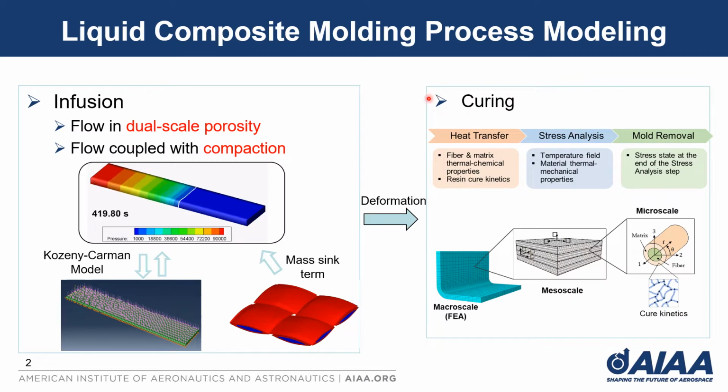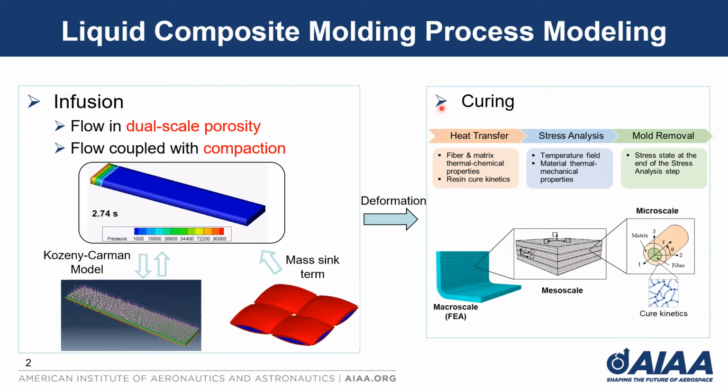So here is an overview of our process modeling of liquid composite molding. We have two components of our models. In the infusion model, we use the commercial software STAR-CCM to simulate the flow in dual-scale porosity, that's the inter-tow infusion and the intra-tow infusion.